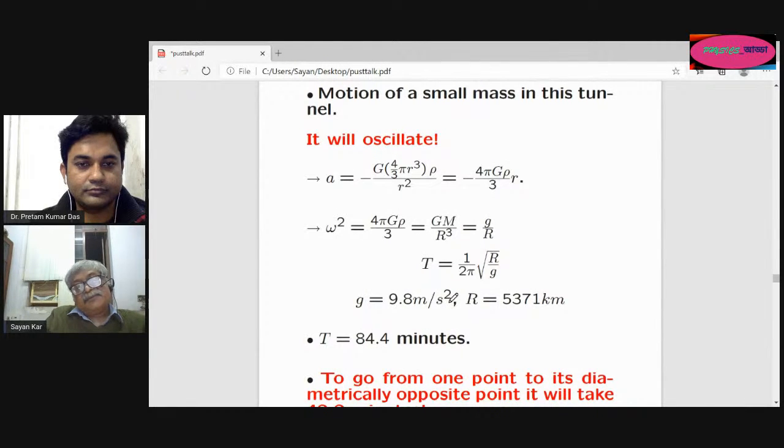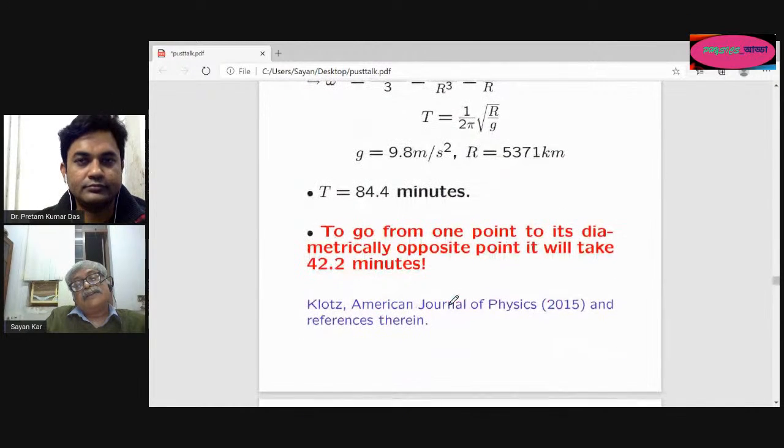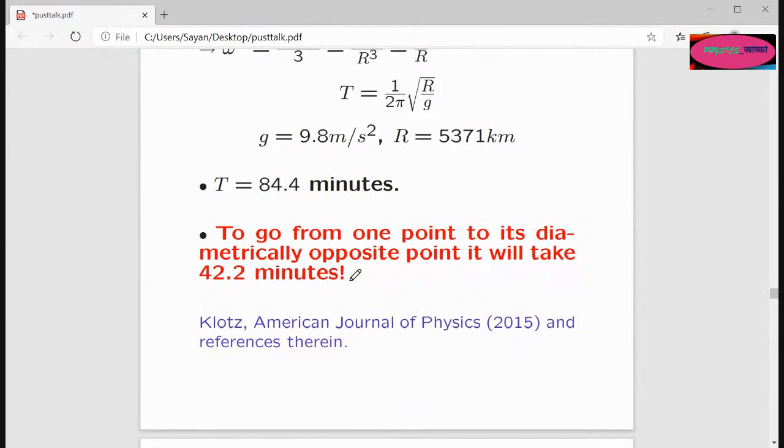And there is a profile for that density, and depending on that, you calculate the time taken by a mass to go from one end to a diametrically opposite end. Once again here you see oscillatory motion. So I've given you 3 examples, all of which deal with oscillatory motion: the candle seesaw, the fluid in a straw, and the gravity train.